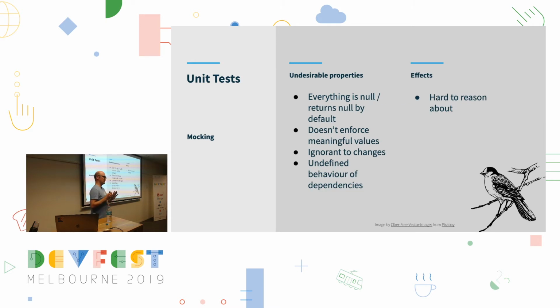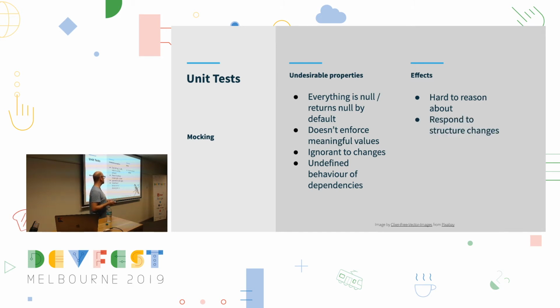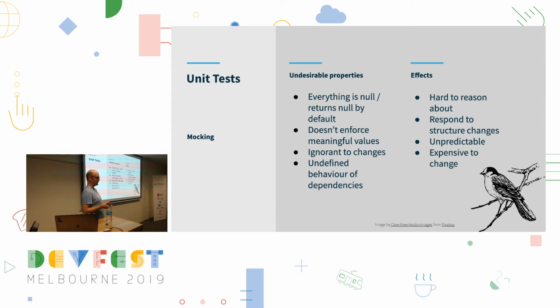And that makes it very hard to reason about those tests. Are we, as I said, are we testing the correct thing? So that also means they're probably responding to structural changes, and they can be quite unpredictable. And if suddenly one little enforcing of a non-null value breaks 50 tests, that can also be very expensive to change.